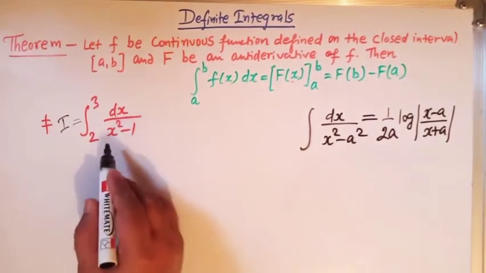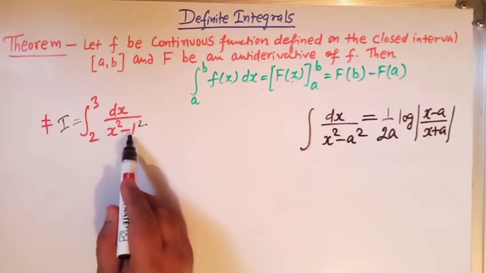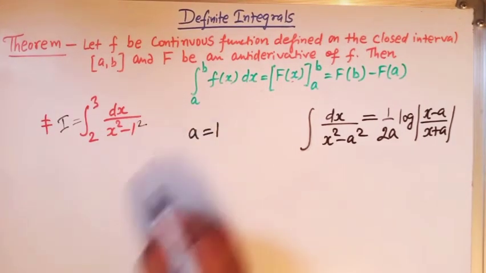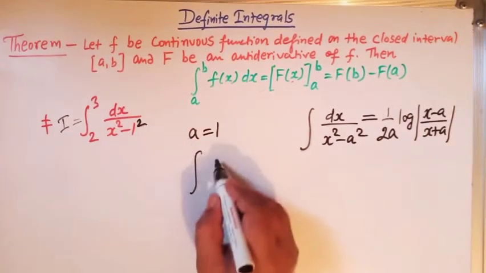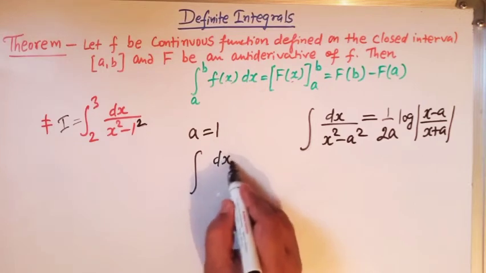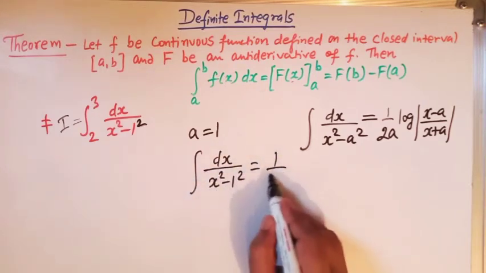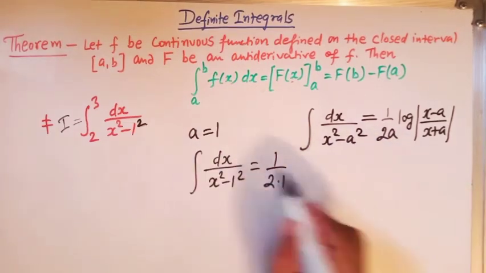Now here we have x square minus 1, so this can be written as x square minus 1 square. So here a is 1, right? So the integral of 1 over x square minus 1 square is 1 upon 2 times 1, substituting the value of a as 1.